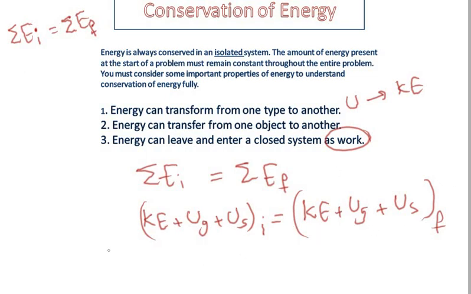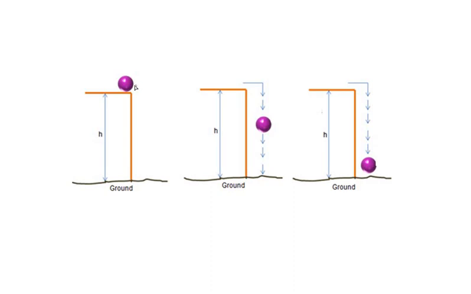If this ball is released from rest, it means that the kinetic energy at this point is 0, because if you remember, kinetic energy is equal to half mv squared, and Ug equals mgh.